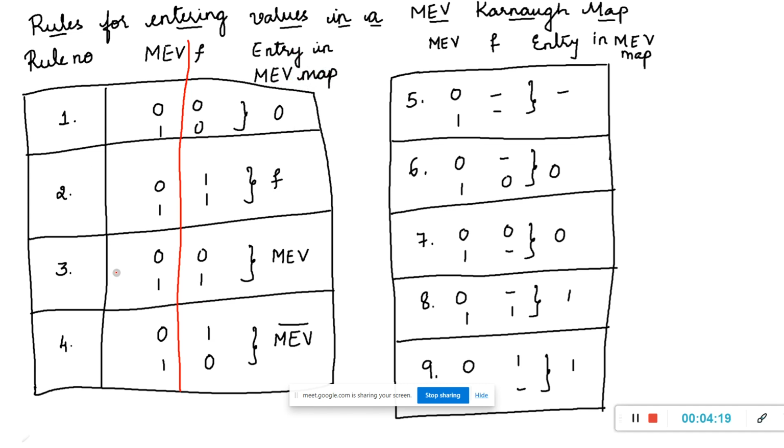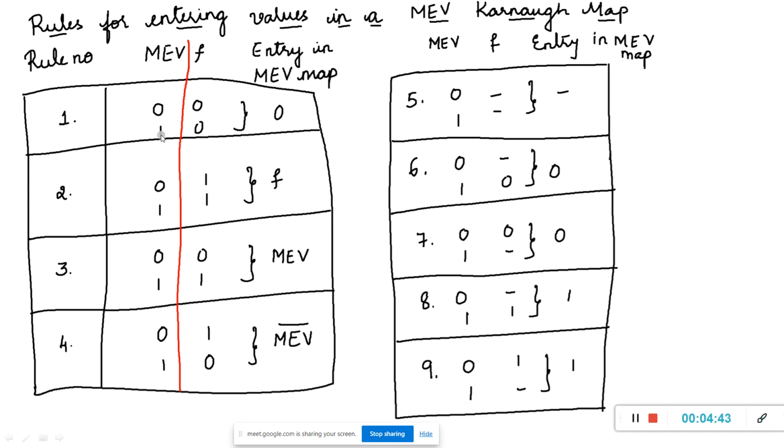How many rules are there? 9 rules are there. See here, 1, 2, 3, 4, 5, 6, 7, 8, 9. So first, basically I'll be talking about the rules only, so that if you understand the rules, then you will understand how to use this technique.